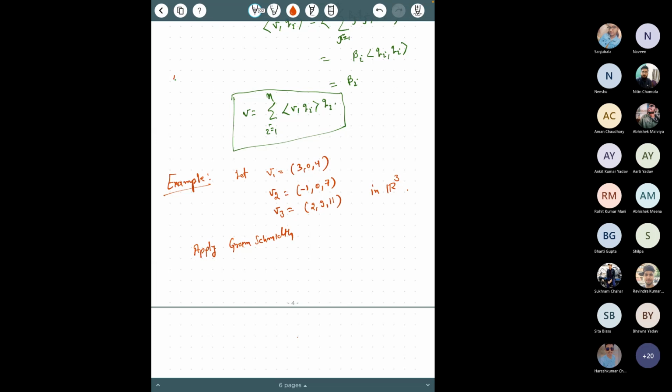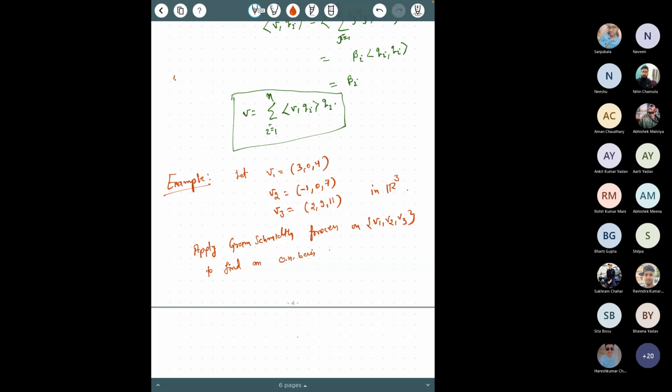An orthogonal basis is a basis which is also an orthogonal set. An orthonormal basis is a basis which is also an orthonormal set. So apply the Gram-Schmidt process on v1, v2, v3 to find an orthonormal basis of R3.